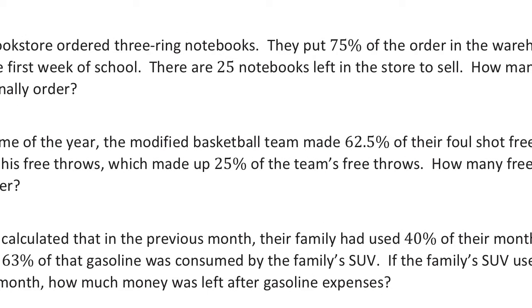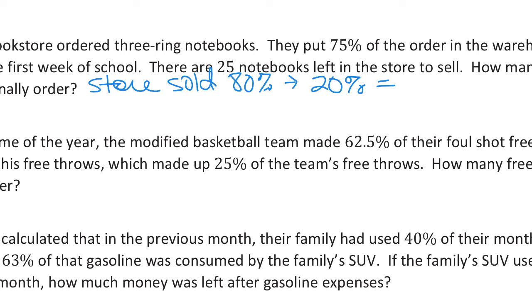Okay, so they say at the store they sold 80%. Okay, so there's 20% left at the store. So 20% is left at the store, and 20% equals 25 notebooks.